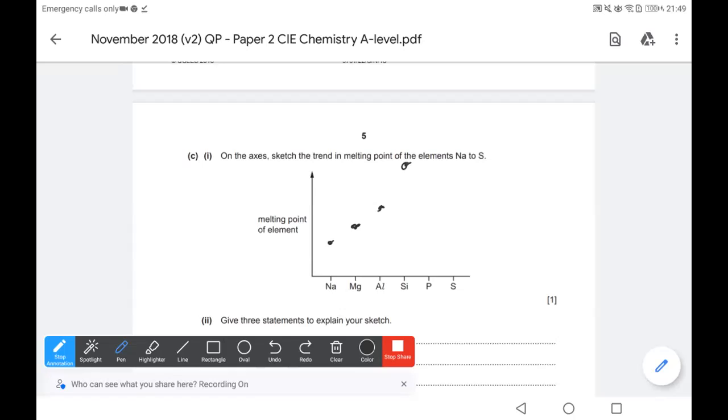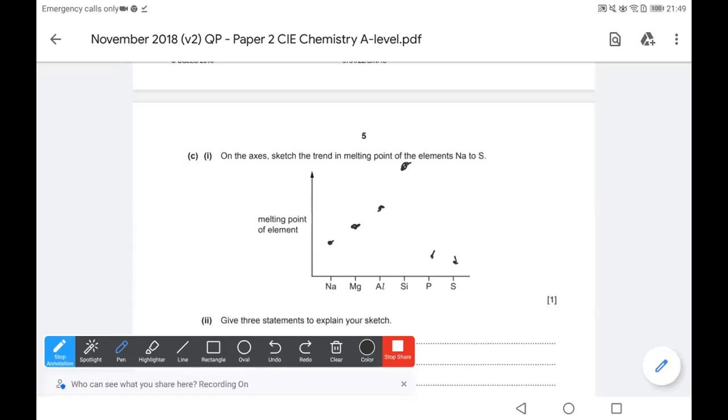If it is carbon, carbon. If it is silicon, it will be silicon, because they form a very strong giant atomic structure. Then phosphorus shows a lower one than even sodium. Then sulfur lower than even phosphorus.